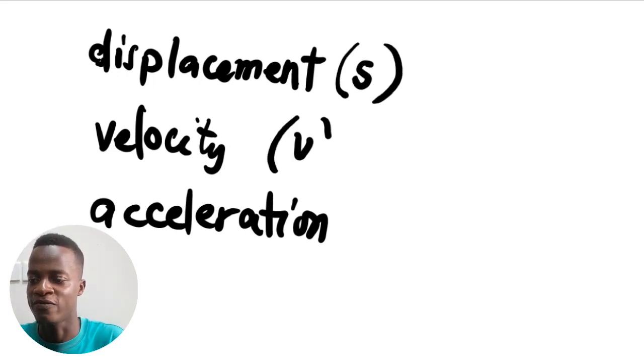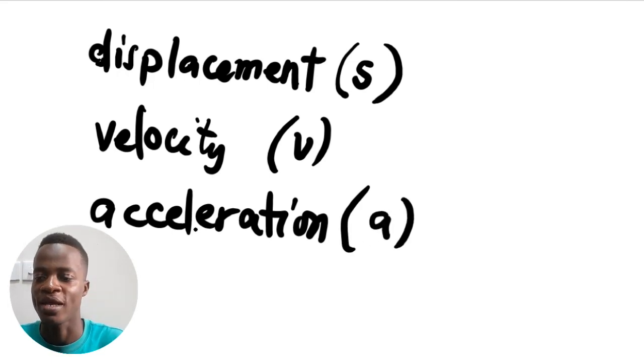Displacement is just distance in a specific direction. We spoke about that, and it is measured in meters. Let's use a symbol for each of them. Displacement, let me use S. Velocity, let me use V. And acceleration, I'm going to use A, small letters.